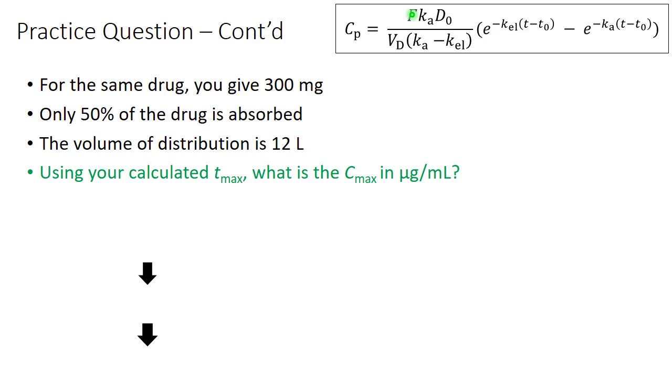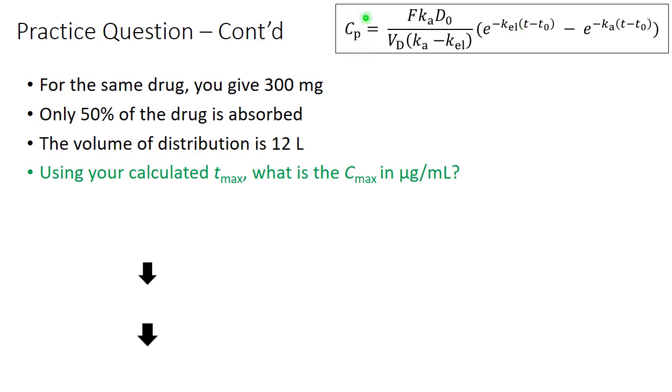So the F is a fraction absorbed. It's a fraction, so you actually put 0.5. We already have the Ka, we already have the Kel, we already have the Vd, we have the dose, we have the lag time from the previous slide, and the only thing we need to think about is what time we have to enter for the plasma concentration that we're looking for.